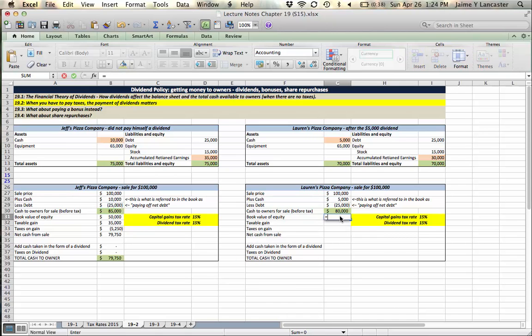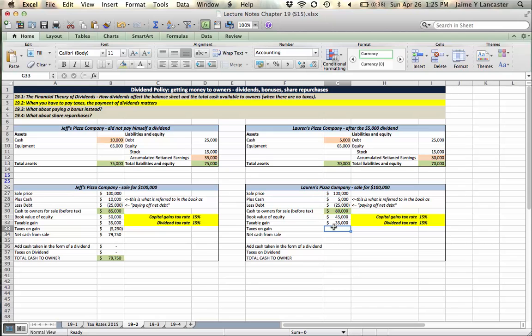The book value of equity in Lauren's case is a little bit less too because she paid her dividends essentially out of cash, but also out of retained earnings. So her taxable gain is going to be the same.